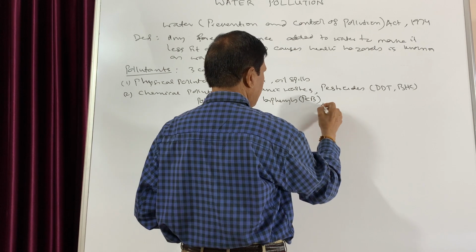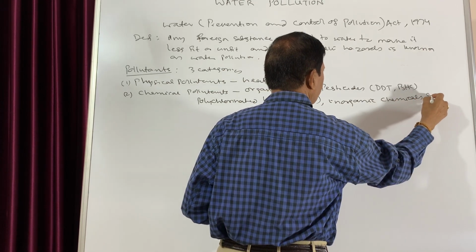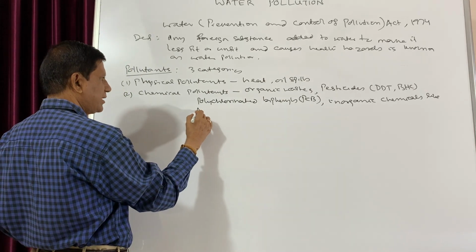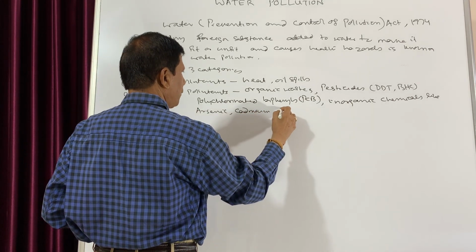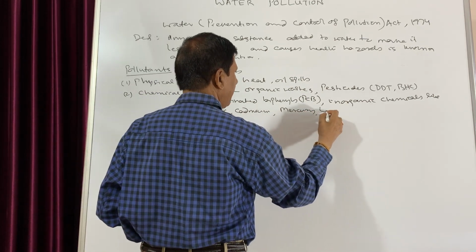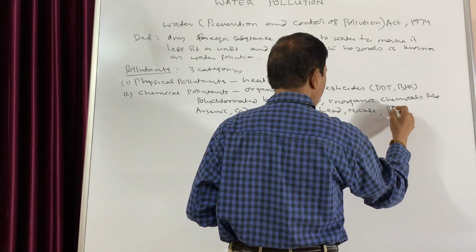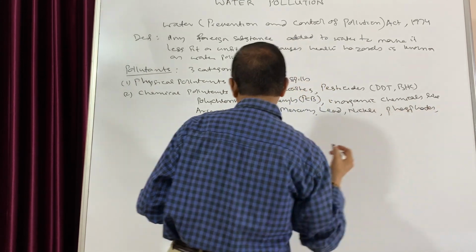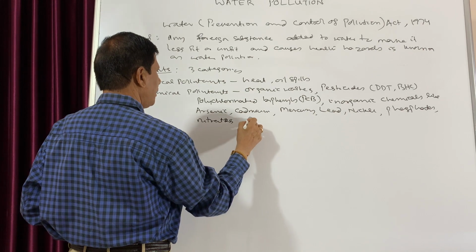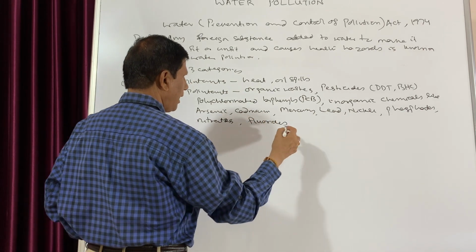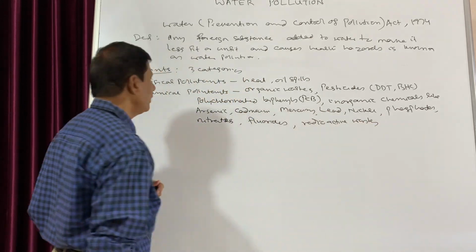Then there are also inorganic chemicals, like arsenic, cadmium, mercury, lead, nickel, phosphates, nitrates, fluorides, as well as radioactive waste. These are all the chemical pollutants.